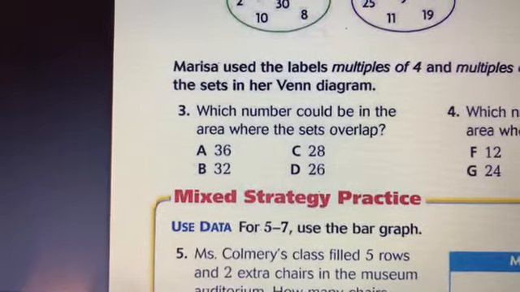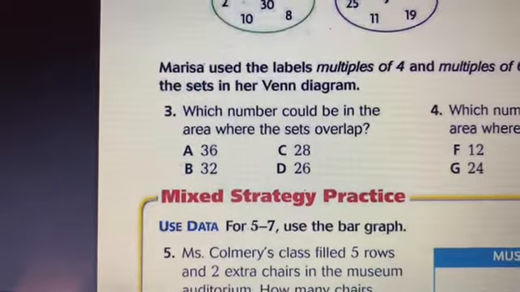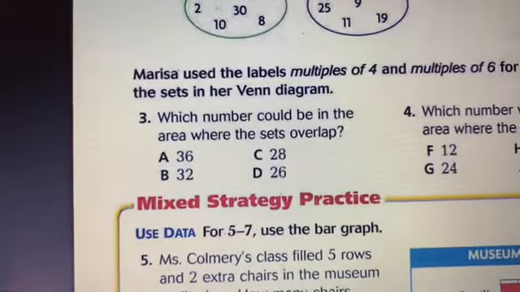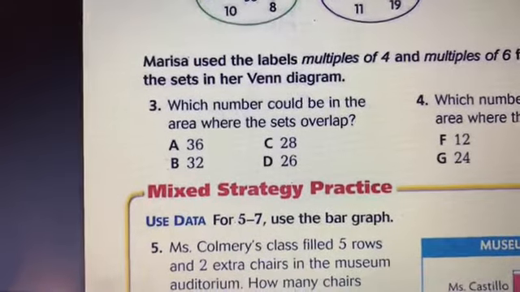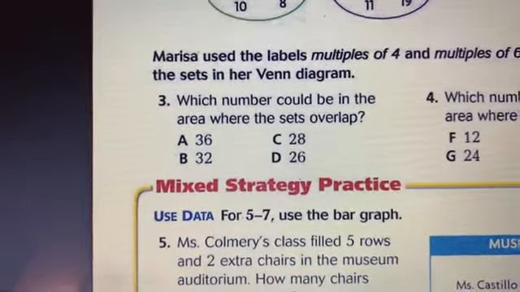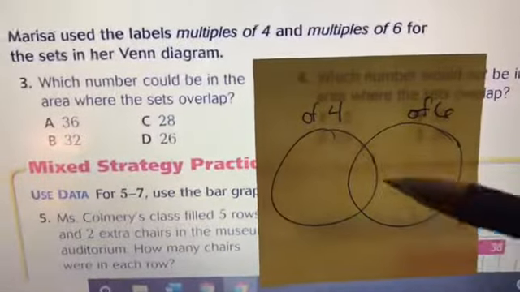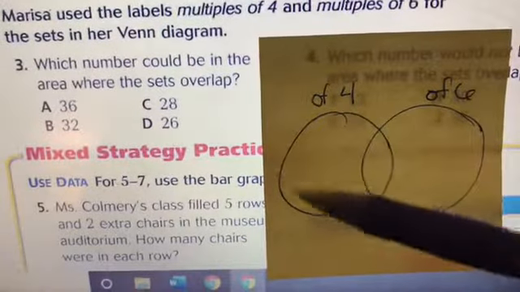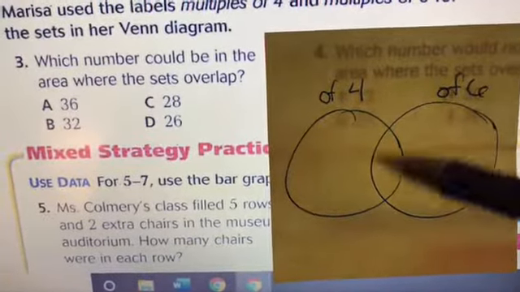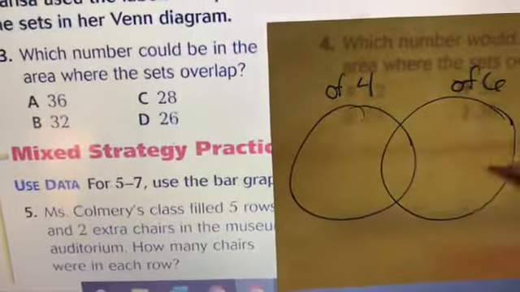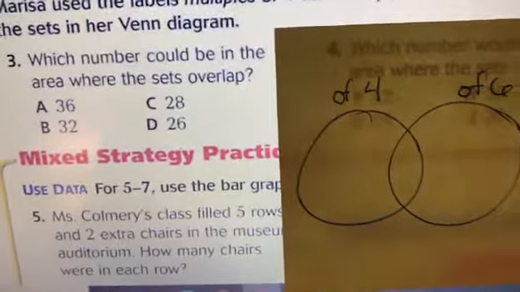So if we have a Venn diagram of multiples of 4 and multiples of 6, one of these numbers is going to belong in the middle. Let's go ahead and draw a Venn diagram and see what we can find. I went ahead and drew my Venn diagram, and here I have multiples of 4 and multiples of 6. So let's look at each of our numbers and see which side of our Venn diagram they belong in.